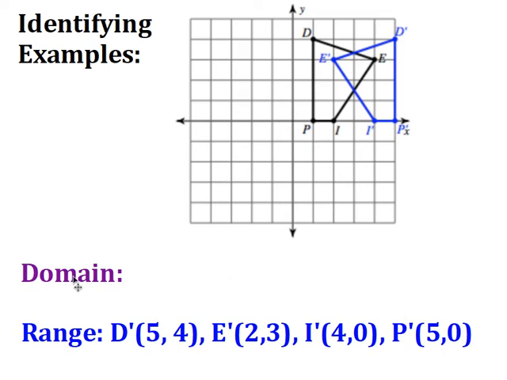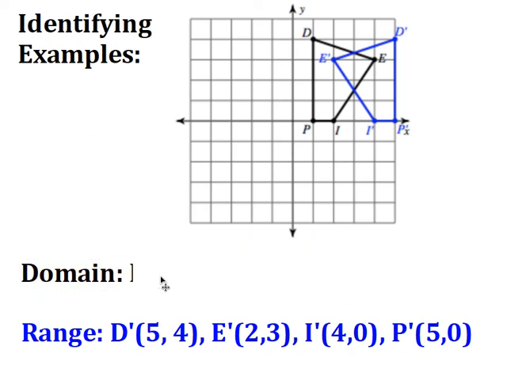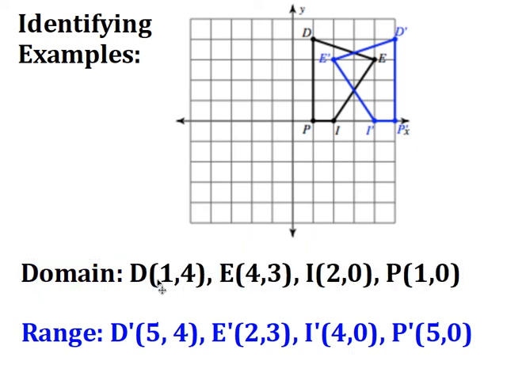Our domain has to be the other points, which is going to be the black points, and they are located at these points: D at (1, 4), E (4, 3), I (2, 0), and P (1, 0). So in this case, if it just says identify the domain and range, this is exactly what it's looking for. It wants you to list out those points.